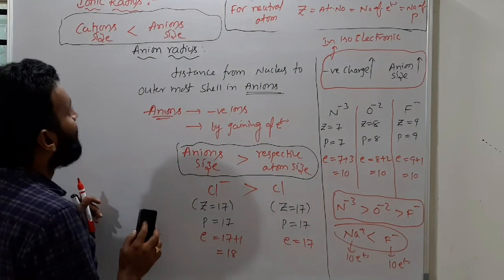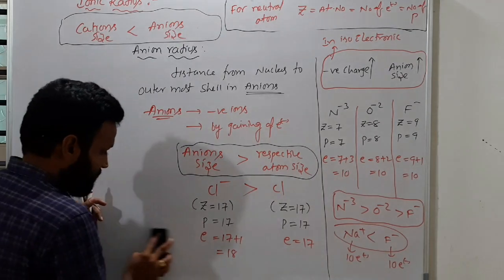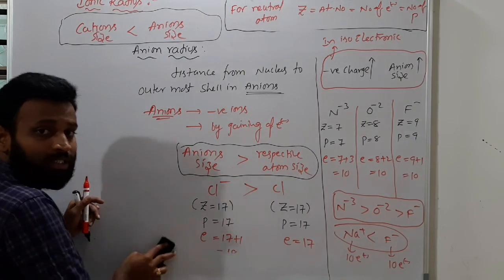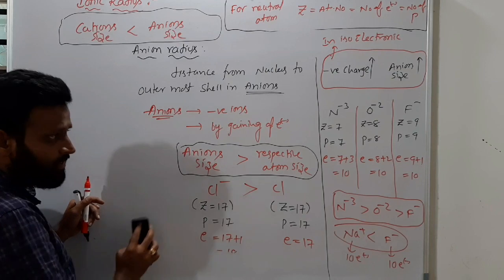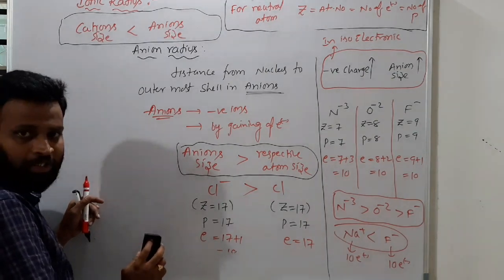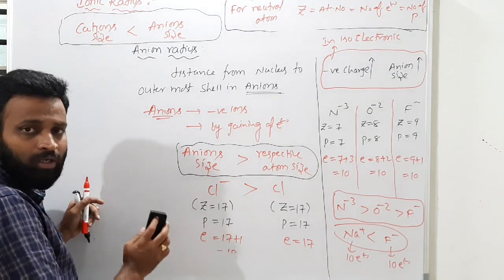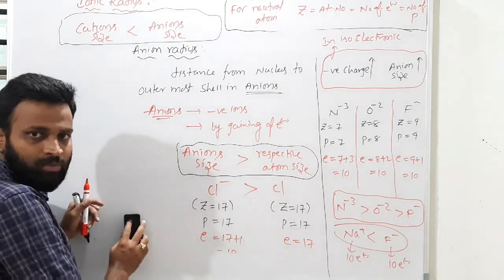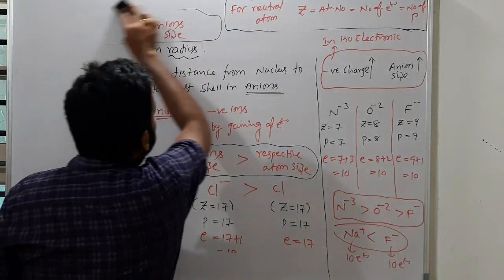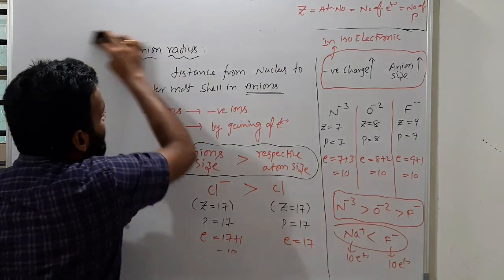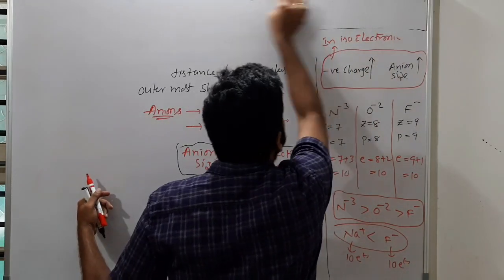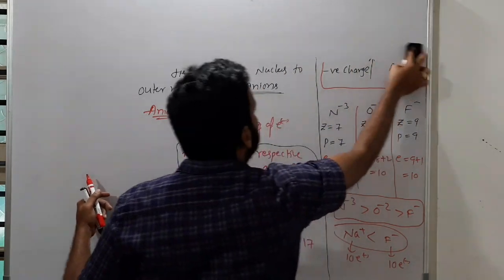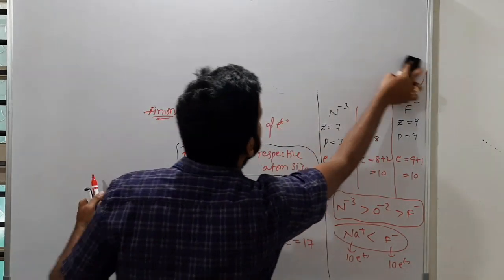So we discussed ionic radius. Previously we discussed covalent radius and metallic radius, and now we have discussed the ionic radius. You must take a screenshot and write it.